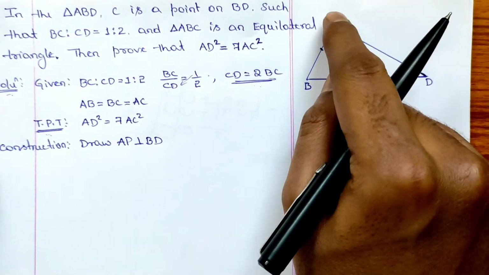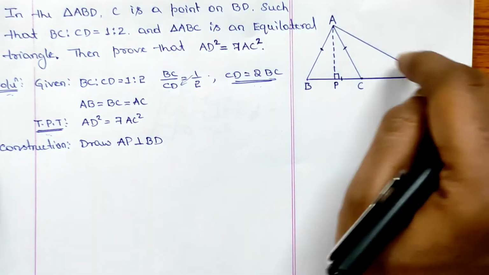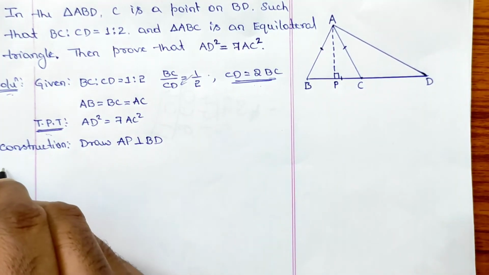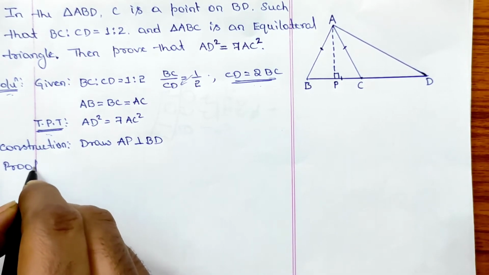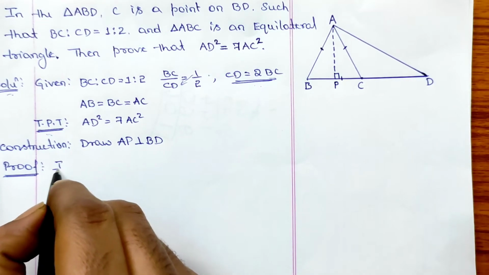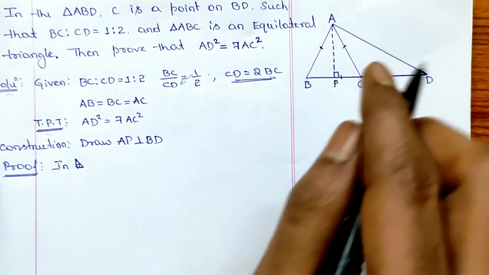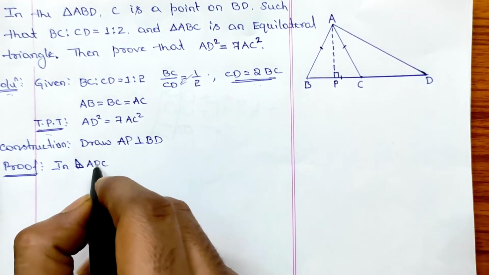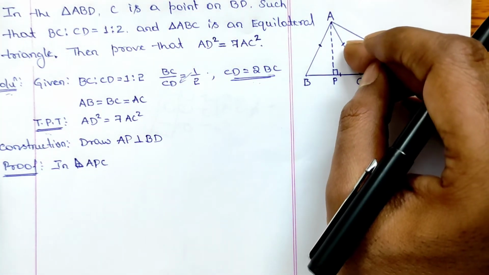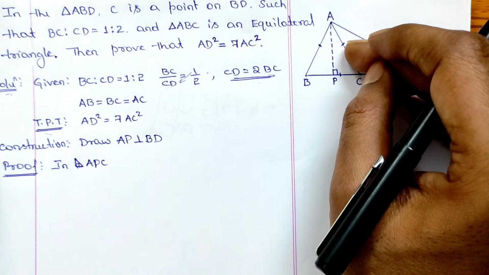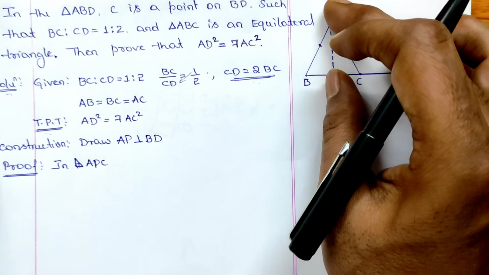Therefore I will take first triangle APC, right angle triangle, another triangle is APD. Okay, so let me move on to the proof part. In the right angle triangle, the smaller one, I will take APC. In triangle APC, Pythagoras theorem tells that the square on the hypotenuse is equal to the sum of squares on other two sides.